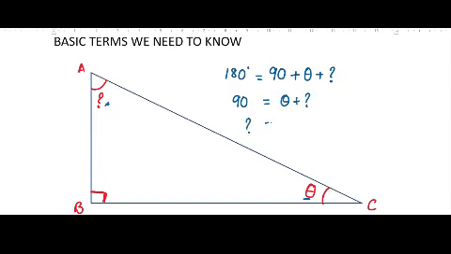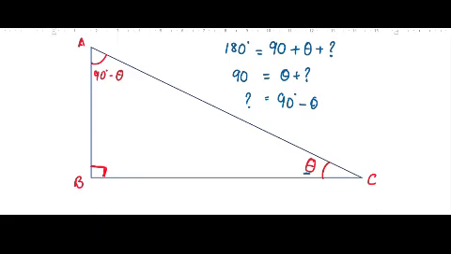So what is question mark equal to now? Question mark is equal to 90 degrees minus theta. So we'll replace this question mark with 90 degrees minus theta.